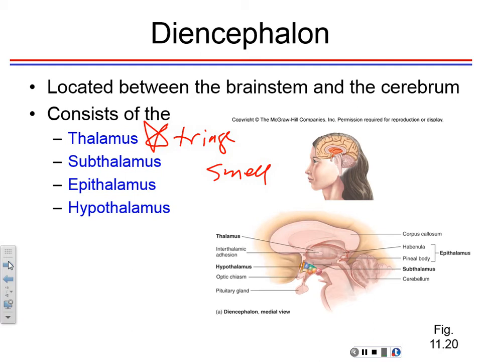Okay, so under the thalamus is another nucleus called the subthalamus. Immediately under the thalamus. The thalamus is a circular structure, and you will see it when we dissect the brain. So the subthalamus will be here. And then the epithalamus, which is made up of two nuclei. The pineal body is on the top and kind of to the back of it.